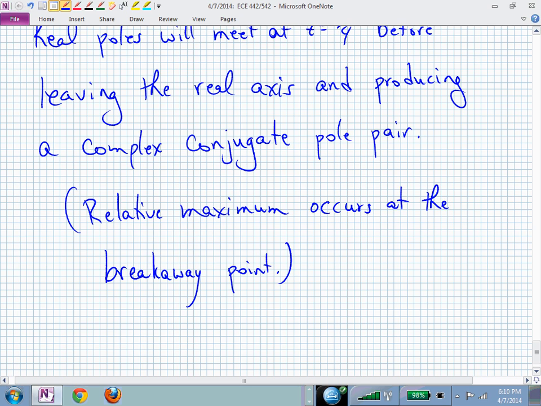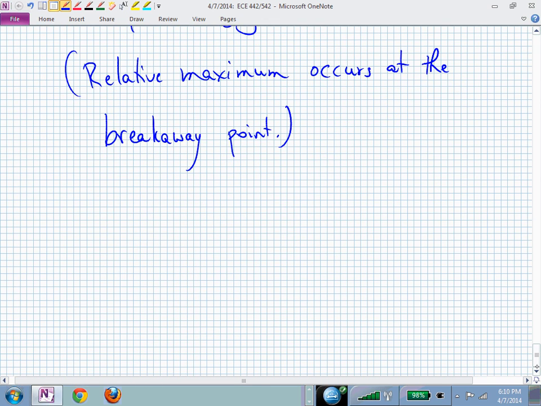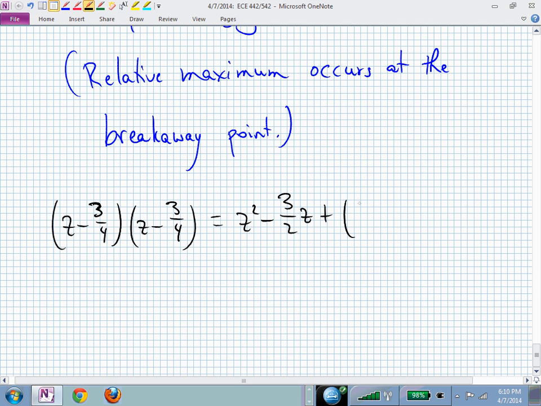So what do we have? We now have the gain, or we have two poles right there. And that is z squared minus 3/2 z plus (3/4) squared.